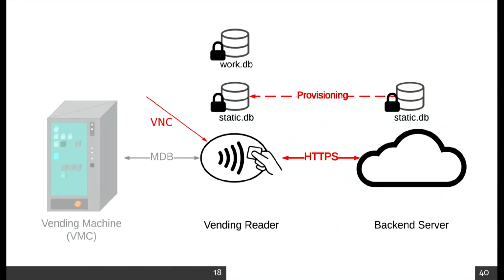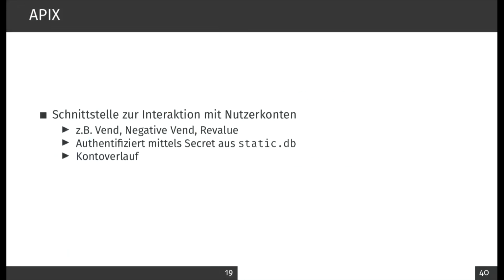Next API, or let's see the overview first. We see how the static DB is provisioned. We see that we can intercept the heartbeat without any modification of the card reader.